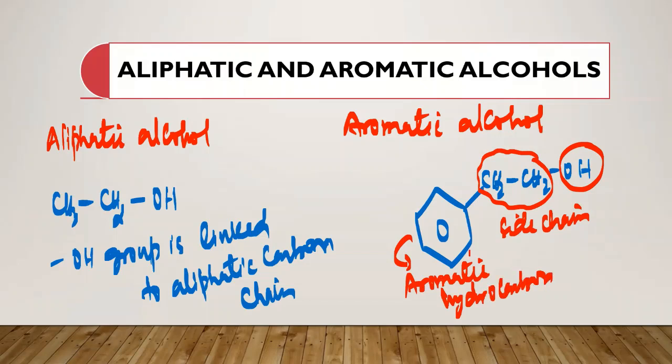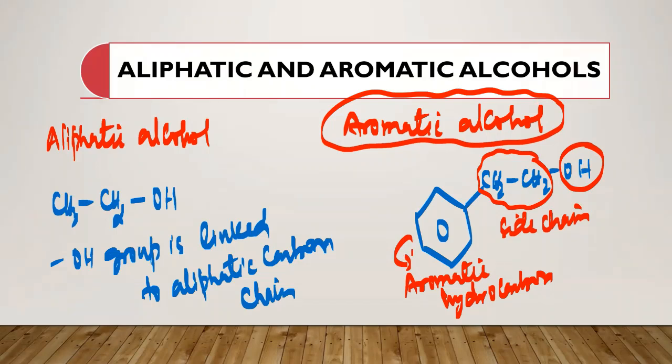So dear friends, now how can you define aromatic alcohol? It's a very simple thing, my dear friends. It is actually the hydroxy group or hydroxyl group present in the side chain of an aromatic hydrocarbon.